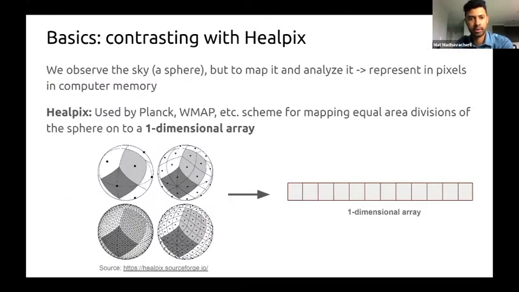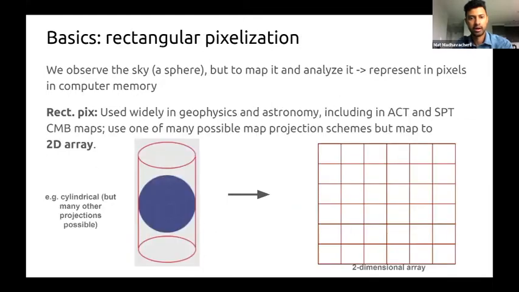First, I want to start out by contrasting with Healpix. This is, as I mentioned, the pixelization that most CMB maps from satellite experiments have been put out in. So what you can think of Healpix as is a way of dividing the entire sky into equal area divisions, and then those regions are mapped to a one-dimensional array in memory.